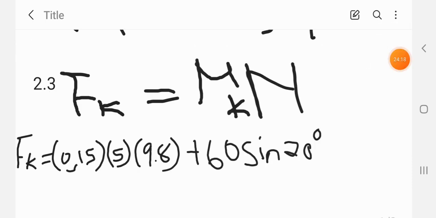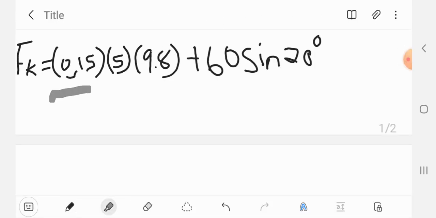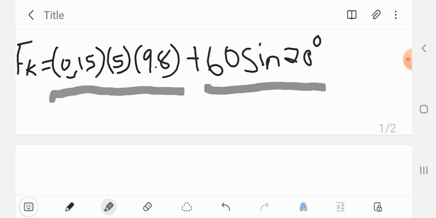So this simply means that this side is the gravitational force of the 5 kg block, and then this side is the gravitational force plus this number that we're going to get here, the y that I showed you that we have to get, that is 60 sine 20, and that is 20.51. Okay, so that is what we were looking for.